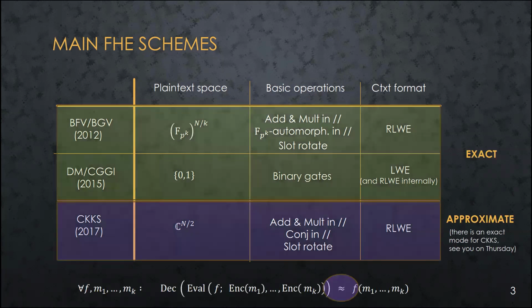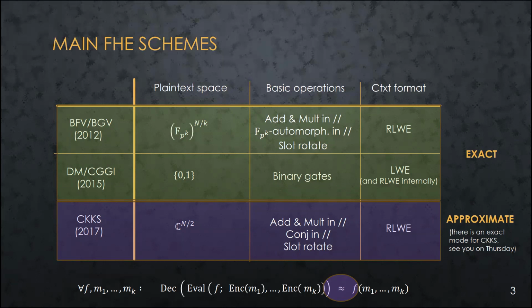So now let me classify these families. One can say that the first two families are exact FHEs, in the sense that the data is either bits or vectors of finite field elements. Oppositely, CKKS is approximate, in the sense that the underlying data is approximations to complex numbers or real numbers.